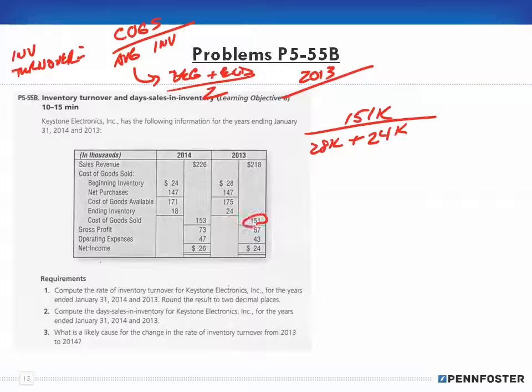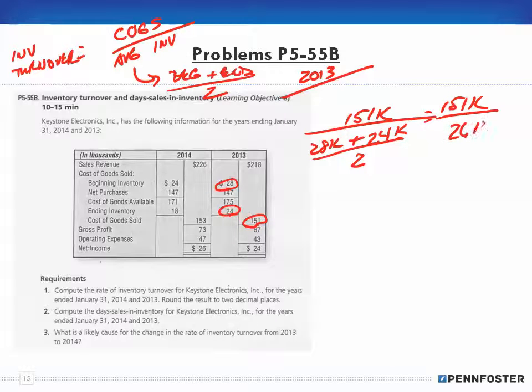So here's the 151, here's the 28, and here's the 24. And remember that this 28 plus 24, add those together and divide by 2, so you get 151 over, let's see here, that's 52,000, and that's divided by 2, or 26,000.